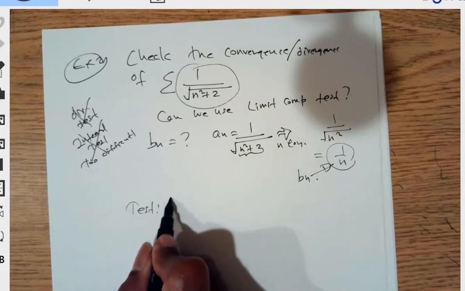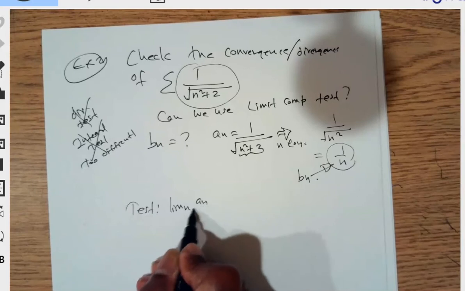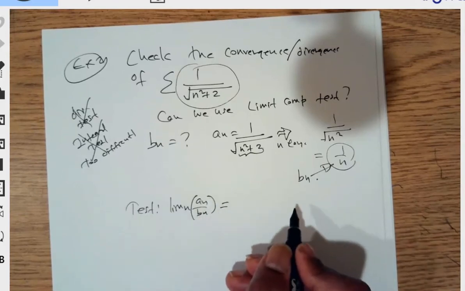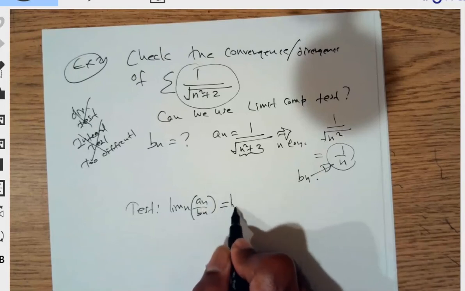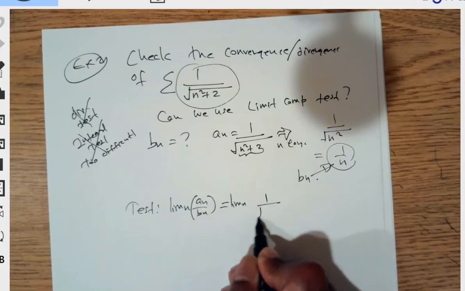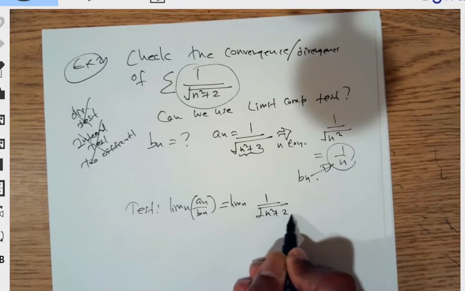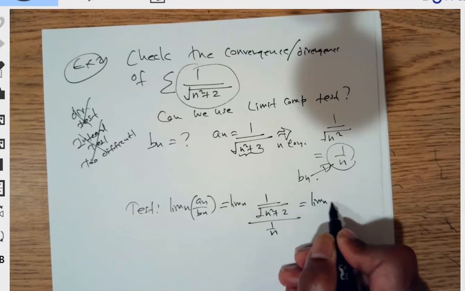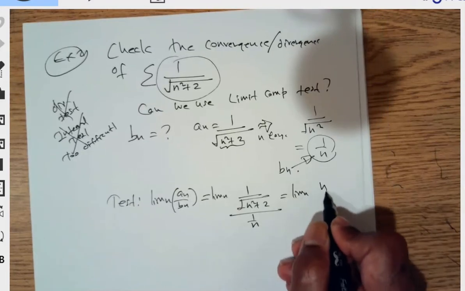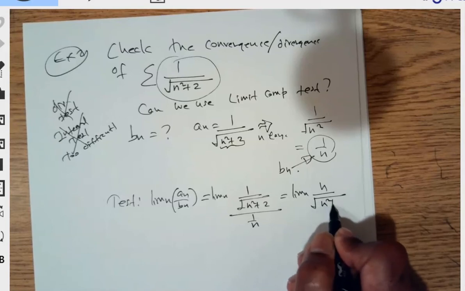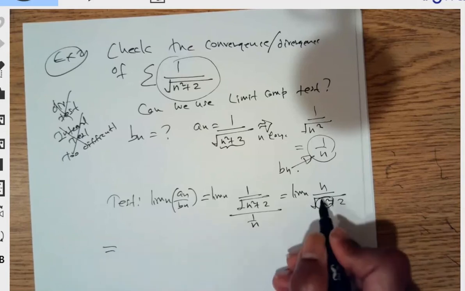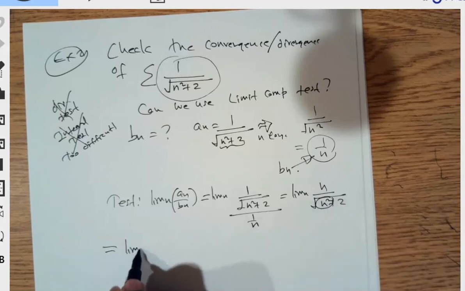Now, before you use the test, we need to test whether the limit of an over bn is not equal to 0. So take the limit of an over bn, that will be the limit of 1 over square root of n squared plus 2, that is our an, divided by 1 over n, which is the limit of n over square root of n squared plus 2. Now how do I take this limit? I take the n squared outside the square root sign, and that n squared becomes n.